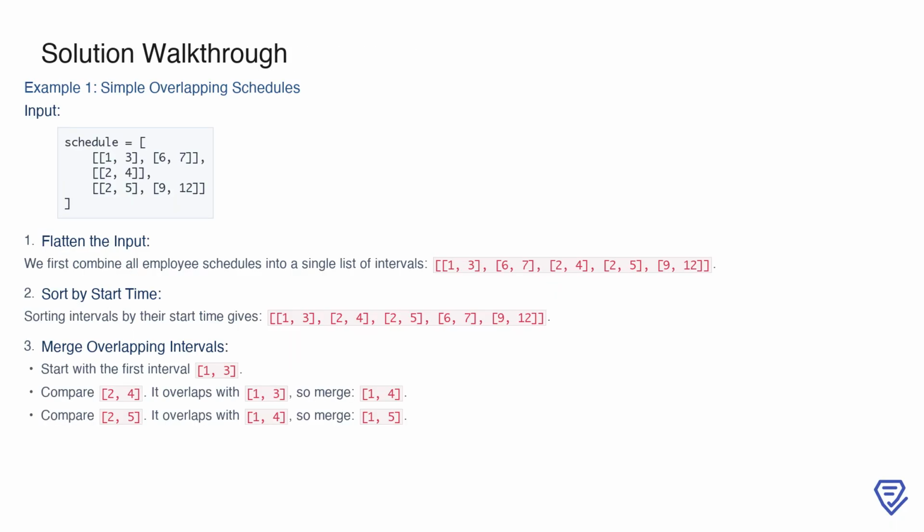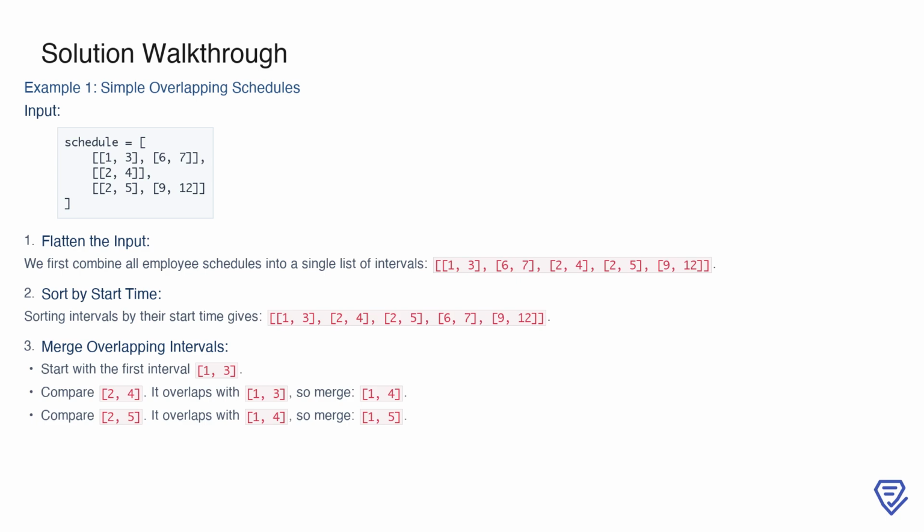Here, we start with a simple example where the input consists of overlapping employee schedules. First, we flatten the input to create a single list of intervals: [1,3], [6,7], [2,4], [2,5], [9,12]. Next, we sort these intervals by their start times. After sorting, the intervals become [1,3], [2,4], [2,5], [6,7], [9,12].